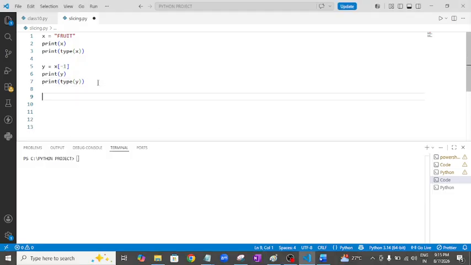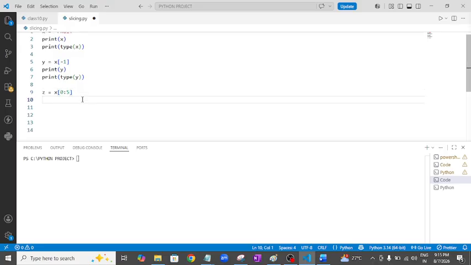Don't worry, we have another option. Z equals x of something. If I write it, you want to start from 0, and where do you want to end?